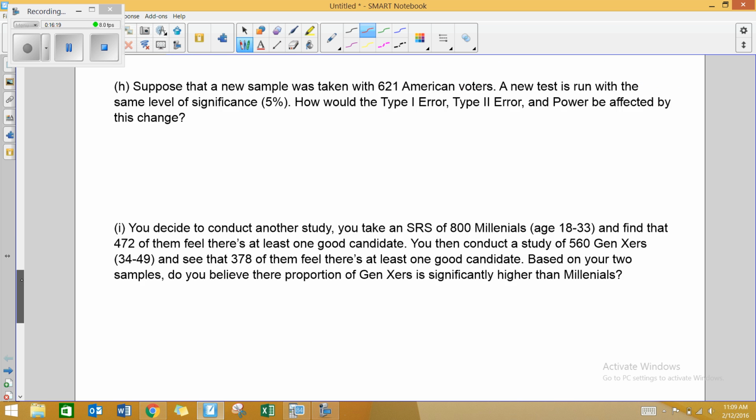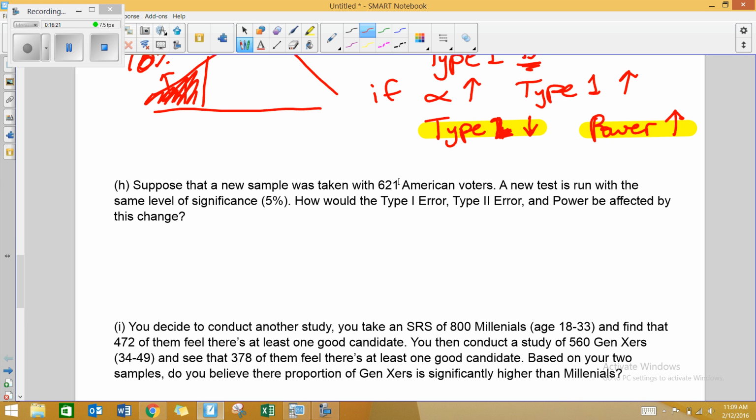All right, so now our sample size has changed. So how does that affect things? 621, so that's more. So n has gone up. N going up is a good thing. N going up is good in general in statistics, just because it gives us more data and more information. So as n goes up, your power goes up.